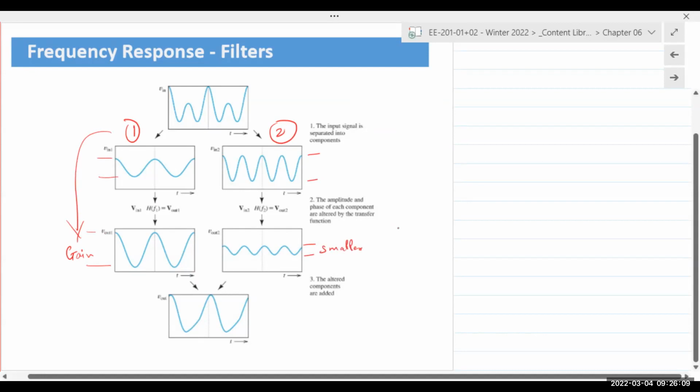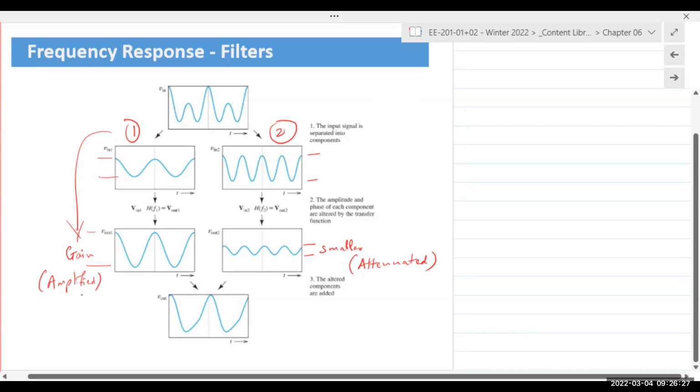So the signal on the left is amplified, and the signal on the right is attenuated, or reduced.